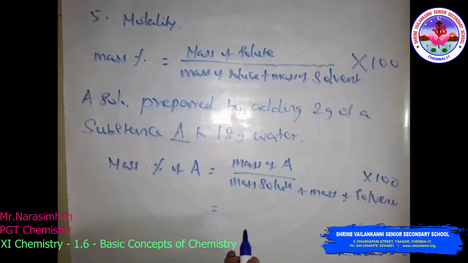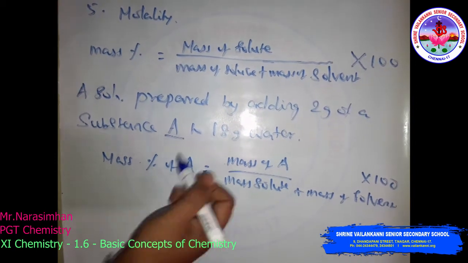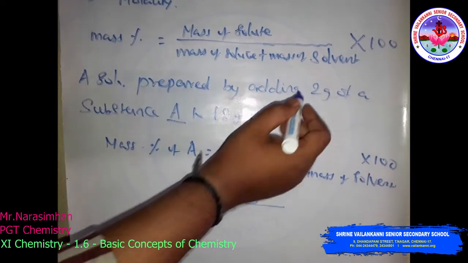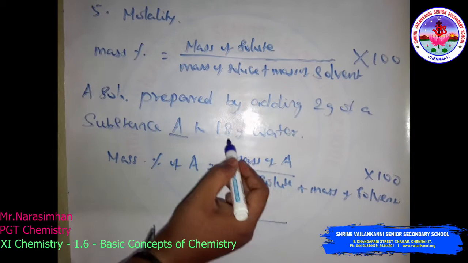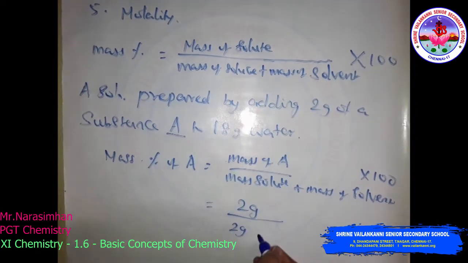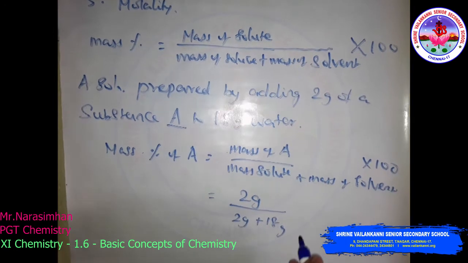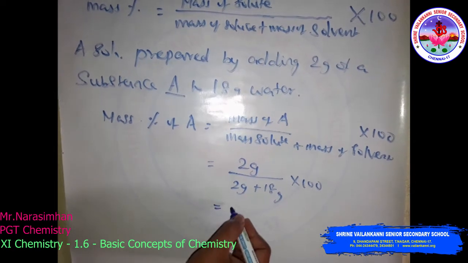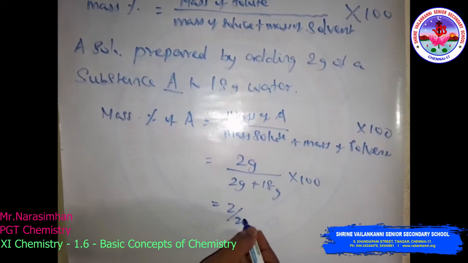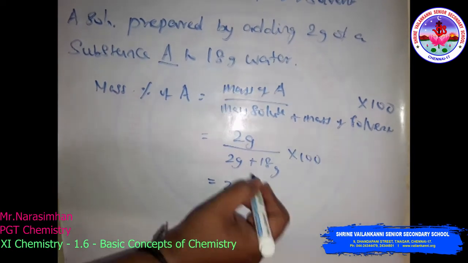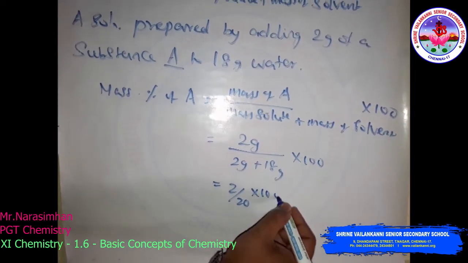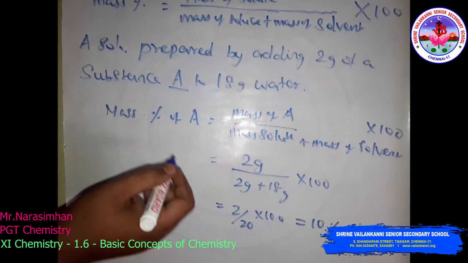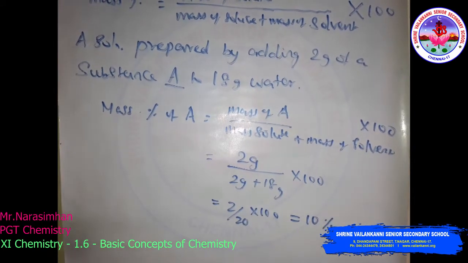Here the mass of A is 2 gram, divided by the mass of solute, 2 gram, plus the solvent, 18 gram, into 100. That is 2 divided by 20 into 100, so it becomes 10%. So the mass percentage of A in the solution is 10%.